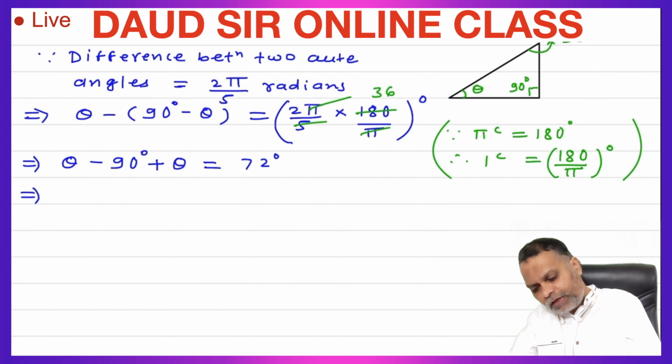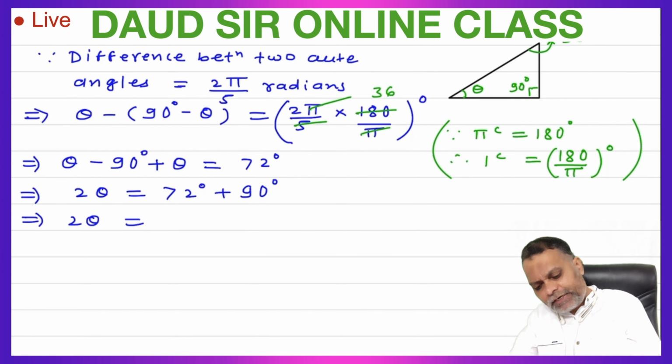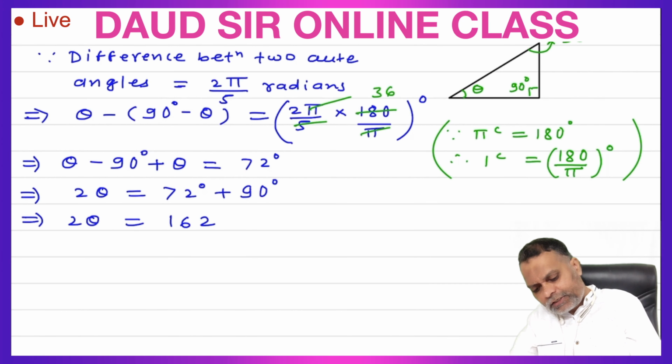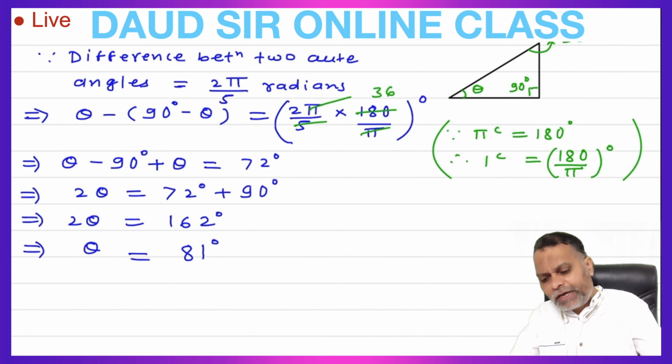So theta plus theta, 2 theta is equal to 72 degree, shift this minus 90 degree to plus 90 degree. So 2 theta is equal to 72 plus 90, 162 degree. So theta is equal to, dividing by 2, 2 8s are 16, 2 1s are 2, 81 degree. So one acute angle came 81 degree.